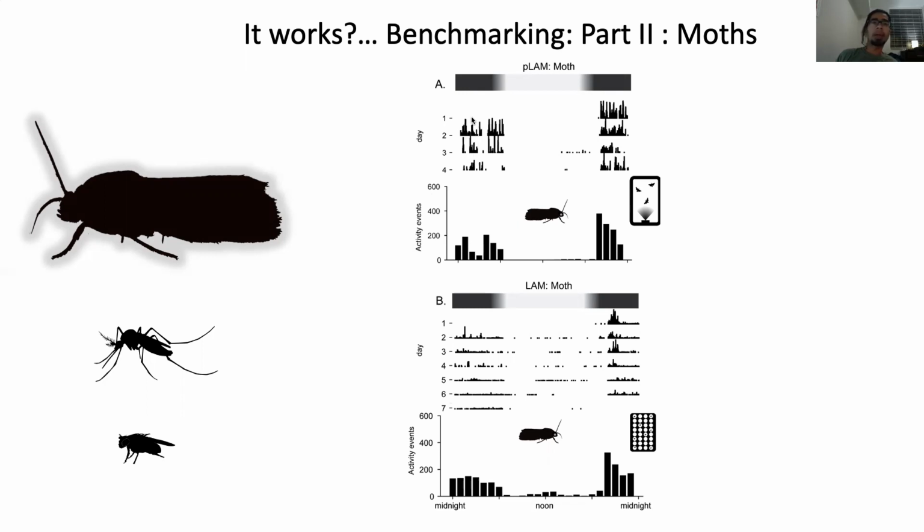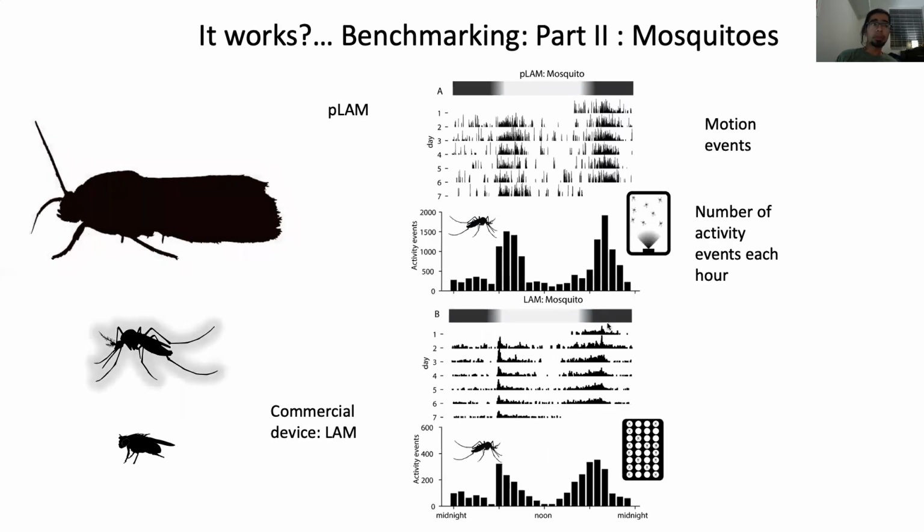The top panel is basically the pixel difference over each day for each event, or the maximum pixel difference where there was most motion. And in the bottom, it's the number of counts in a minute. So we did this for mosquitoes. Data was not significantly different for mosquitoes.